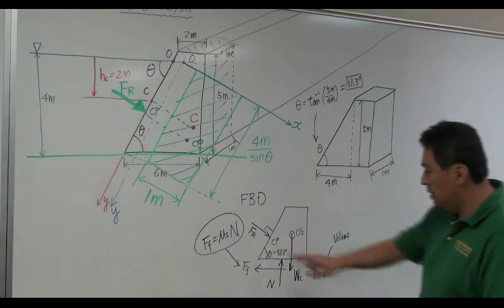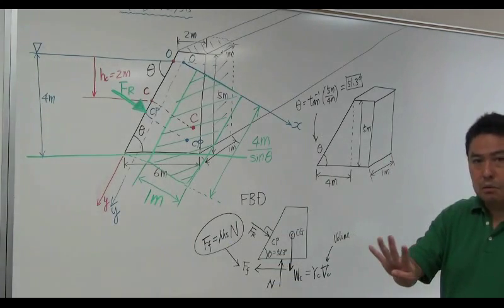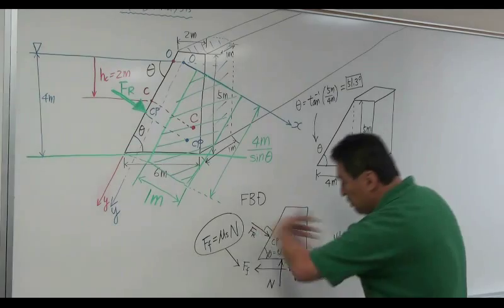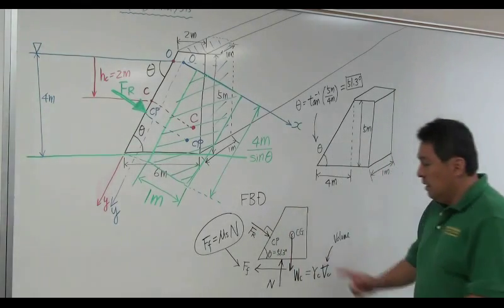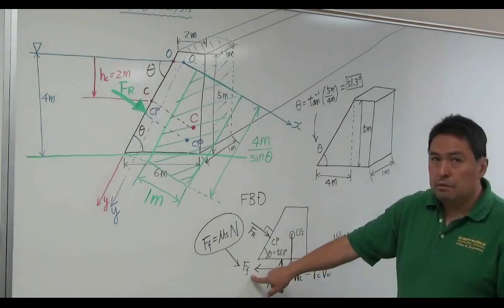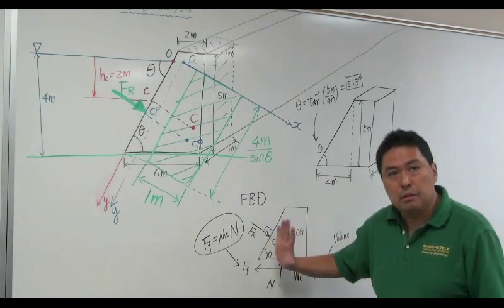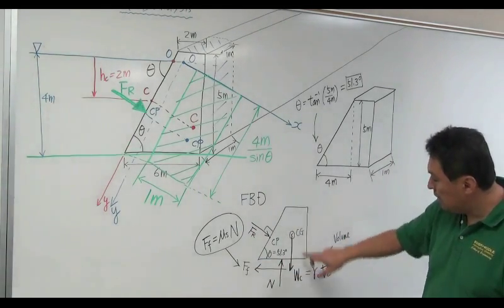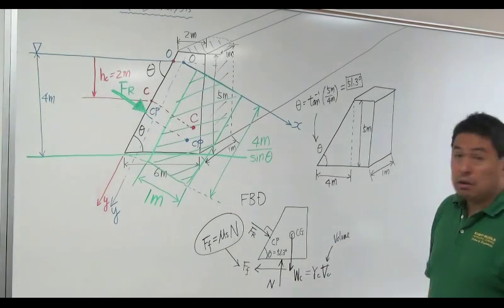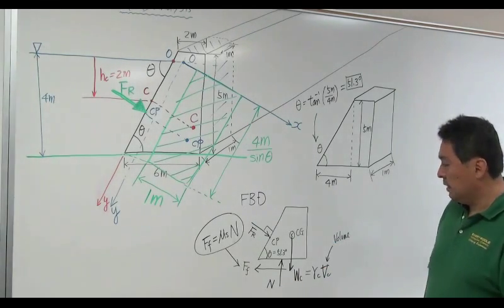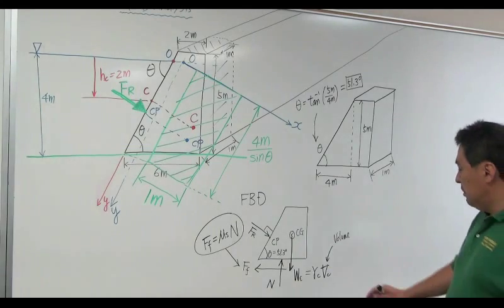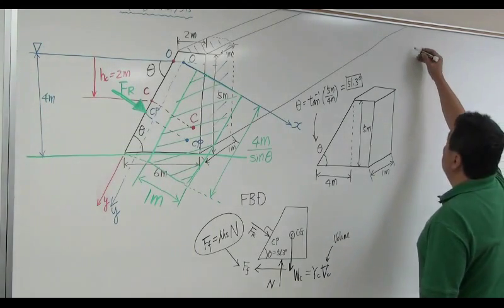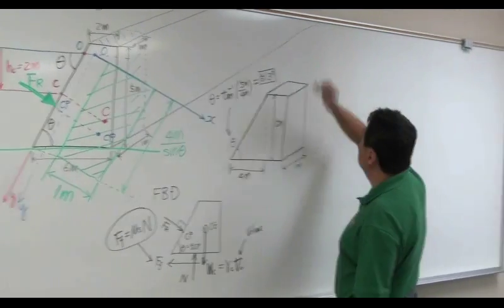So you have 1, 2, 3, 4 different forces acting on it. The hydrostatic resultant force is trying to push the concrete. This is the force due to friction trying to withstand that force. This is the normal reaction force, which goes against the weight of the concrete. So we are going to apply the equations of equilibrium for those 4 different forces.